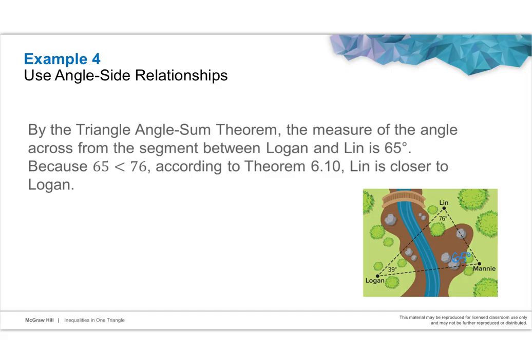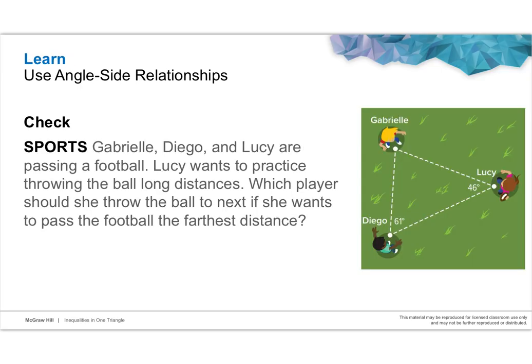And because 65 degrees is smaller than 76, then according to our angle side relationships, the side across from this smaller angle, 65, is going to be shorter. And so that means that our friend Lynn is closer to Logan and probably has a better shot in the game. Take a pause in the video and see if you can work the angle side relationships with this example.